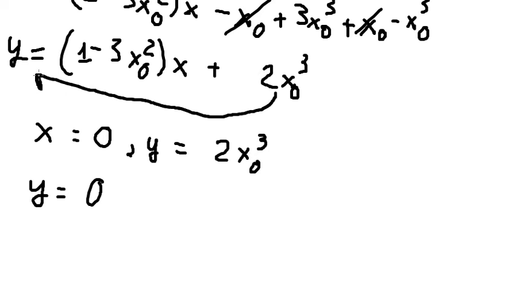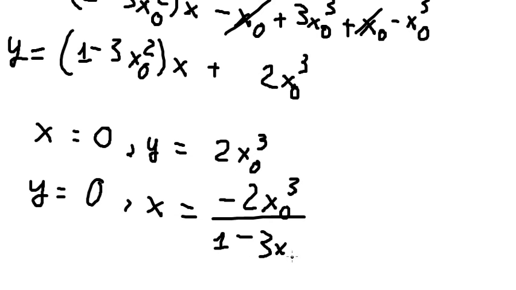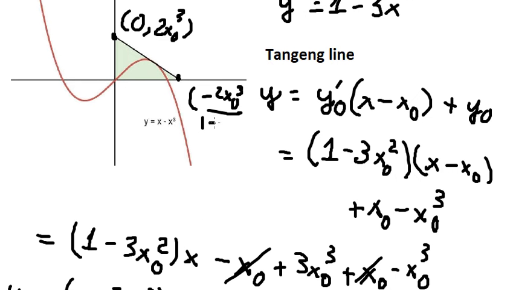So I will put this one to the left and we divide both sides by 1 minus 3s0 squared. So that should be like this. So this one is negative number 2 s0 to the power of 3 over 1 minus 3s0 squared. And this one we have number 0.